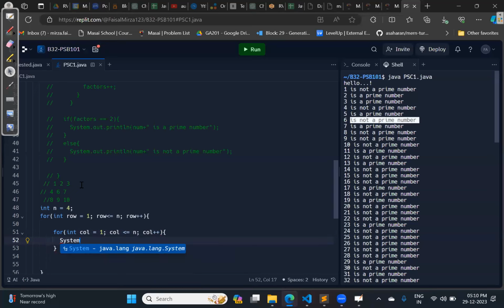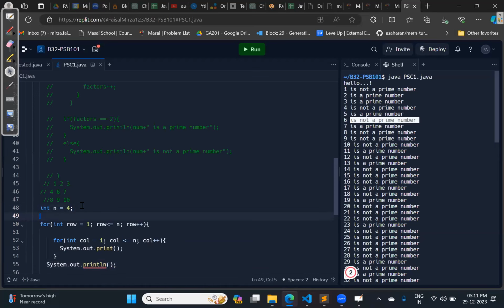First of all, we have to take one variable, count. Integer n is equal to 4, it is already there. Count variable we have to take just over here. Count is equal to 0, assign 0.